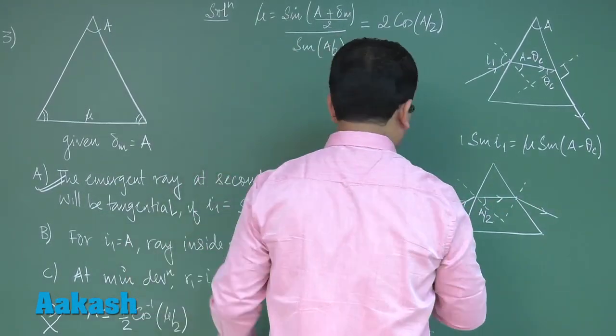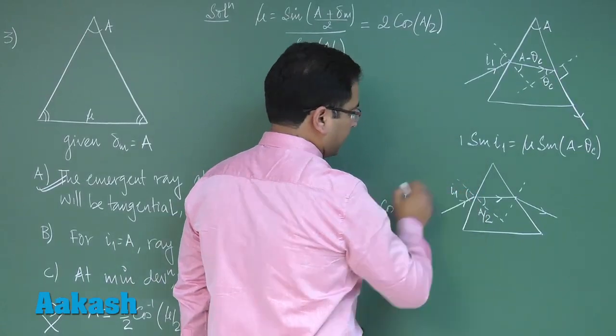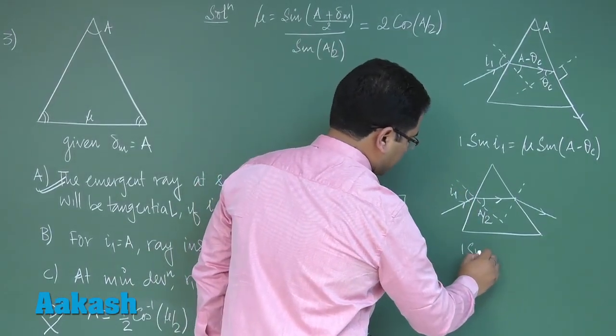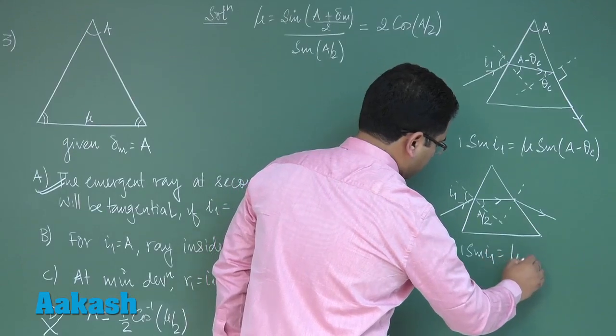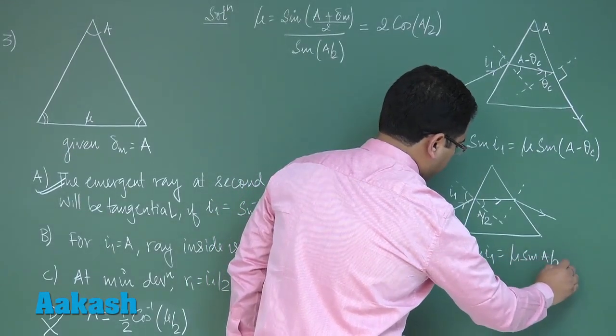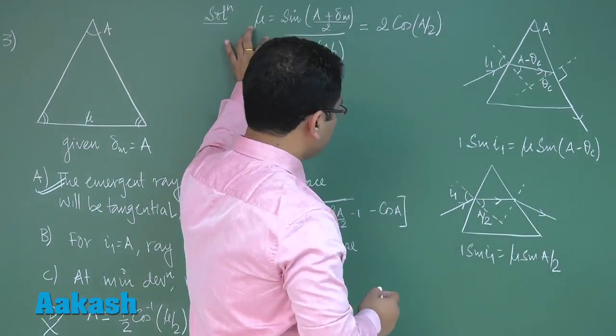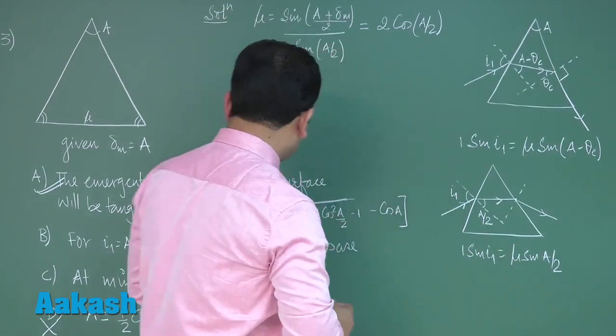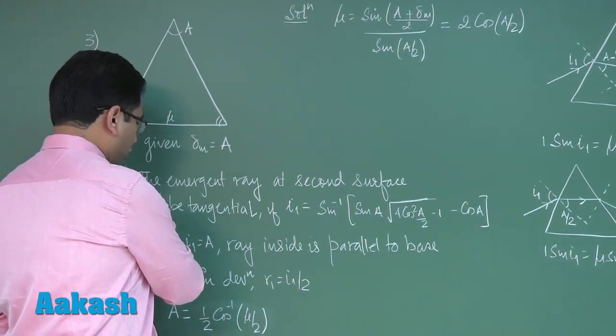And I need to calculate I1. So here is I1. I'll be getting 1 sine I1 is mu sine A by 2.